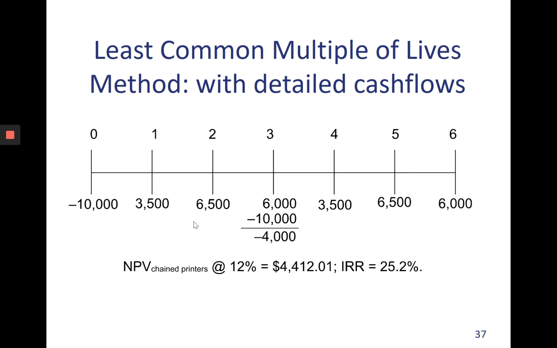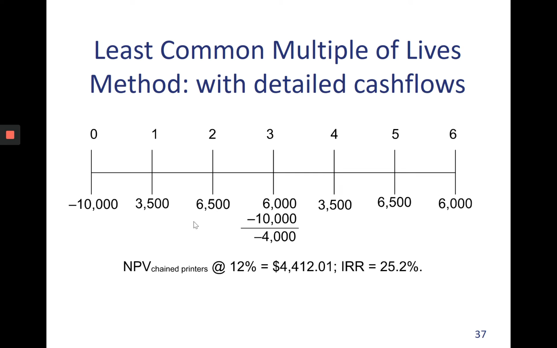Fifth year 6,500. And sixth year 6,000. Net present value of this project at 12% is $4,412.01. Internal rate of return is 25.2. Again, practice to calculate this internal rate of return using your calculator.